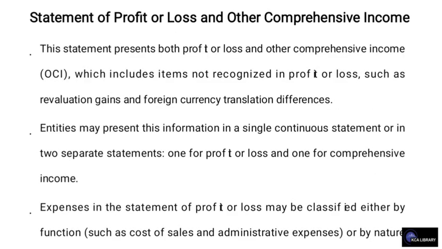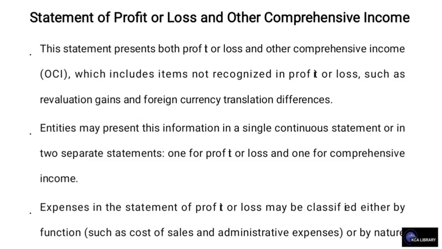Under the statement of profit and loss and other comprehensive income, this is a statement that presents both profit or loss and other comprehensive income. Other comprehensive income includes items not recognized in profit or loss, such as revaluation gains and foreign currency translation differences.